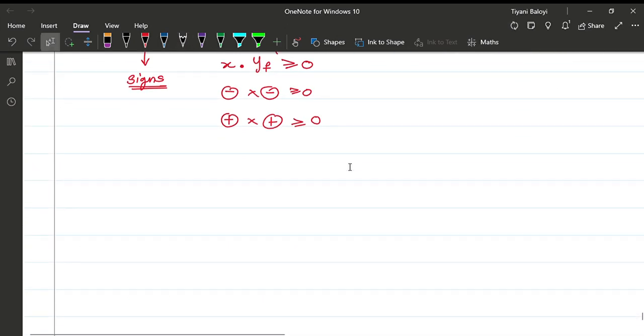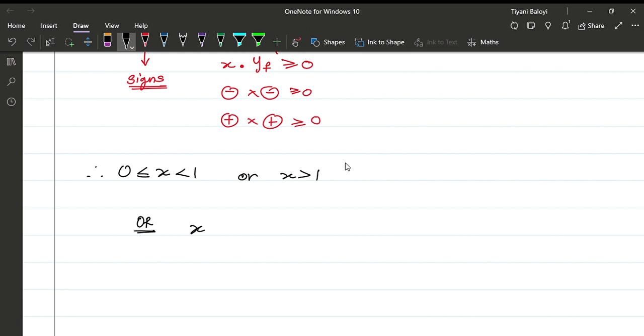So your solution, therefore, you can write x is greater than or equal to 0, but x is not equal to 1.